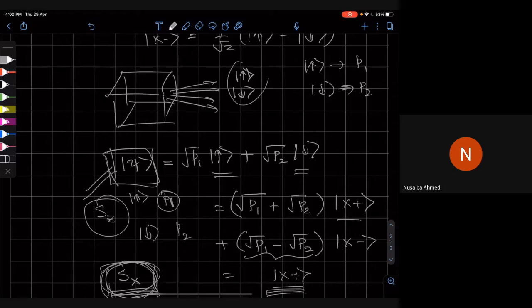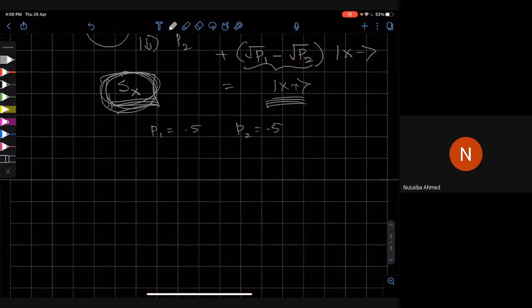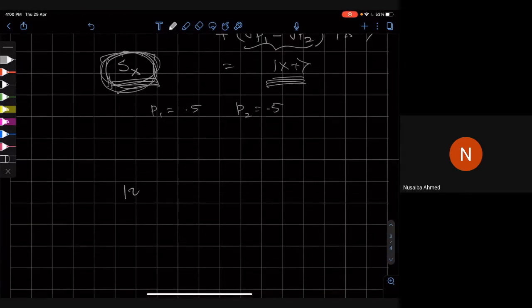Let's see. If you look at this, suppose that we have something coming out which is a spin up. Now if I express this in terms of the X and Y basis, I get this.